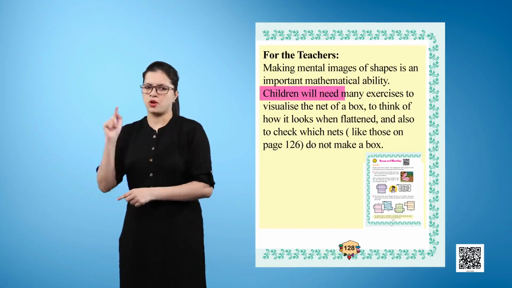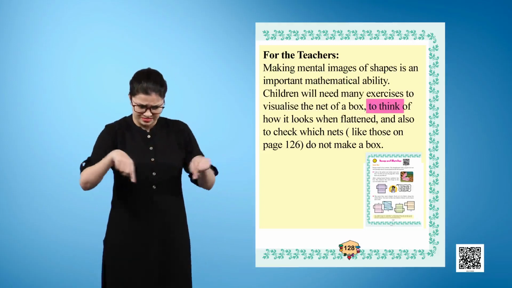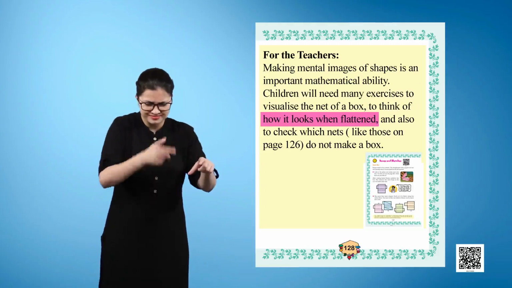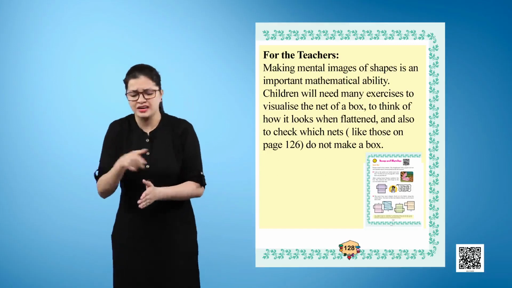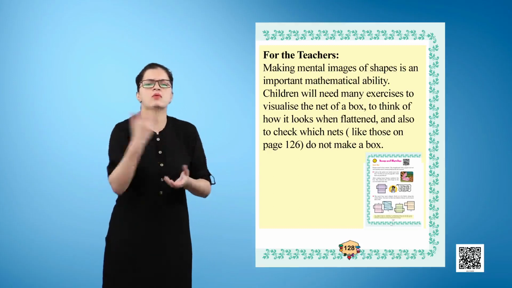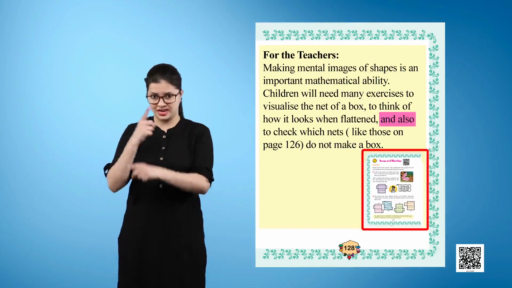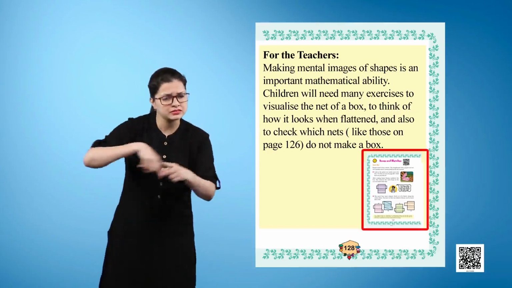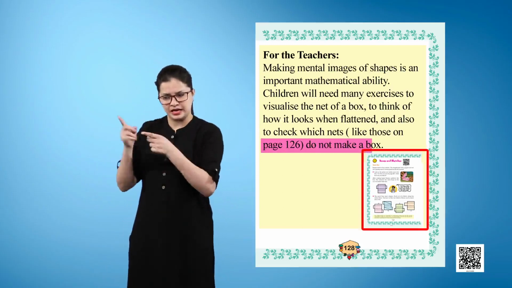Children will need many exercises to visualize the net of a box, to think of how it looks when flattened, and also to check which nets, like those on page 126, do not make a box.